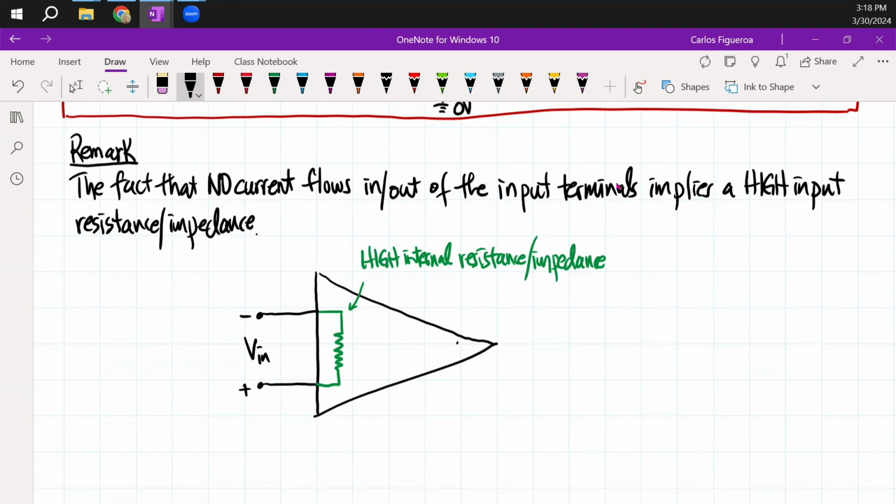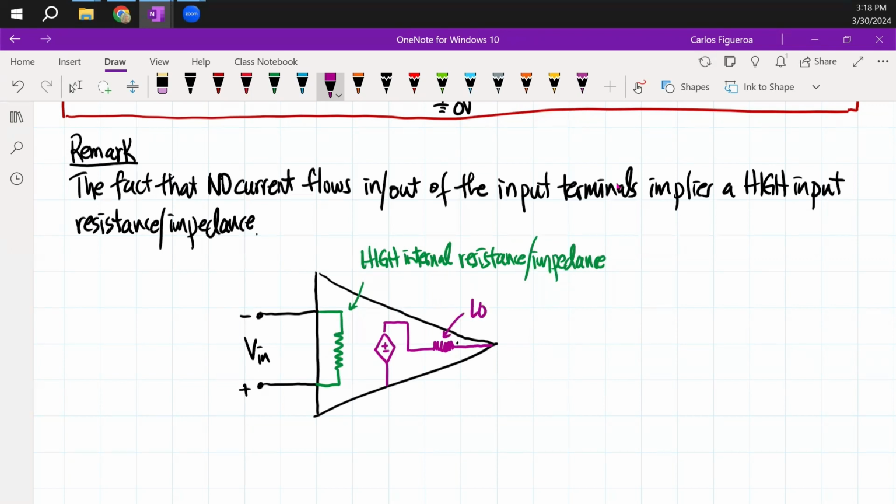There is a second piece to this: when you look at this as a dependent source, note that there is some resistance right here, but it has to be really low.